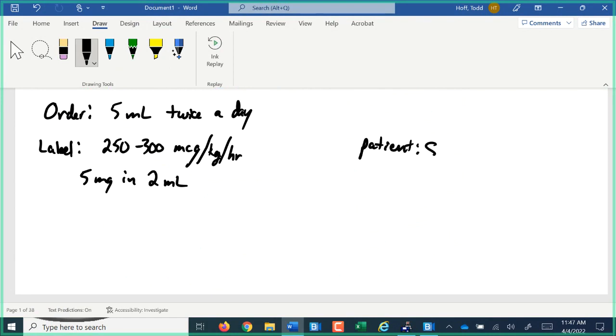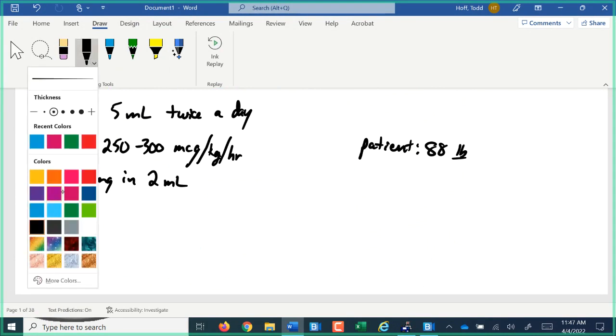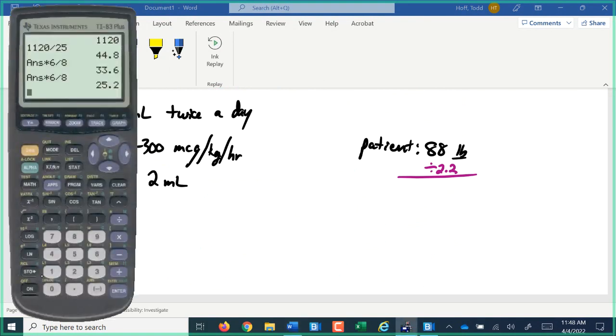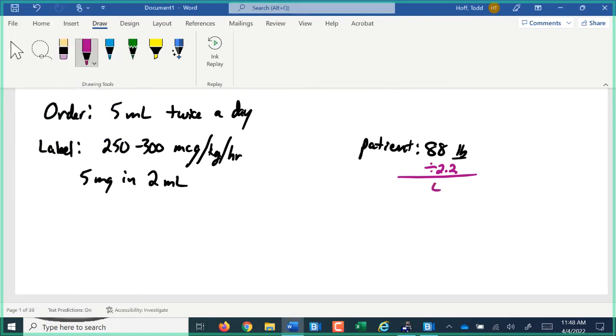And our patient is 88 pounds. So as always, our first task is going to be to convert that pounds into kilograms. 88 pounds divided by 2.2 should give us 40 kilograms. That's where we start off with our calculation, 40 kilograms.